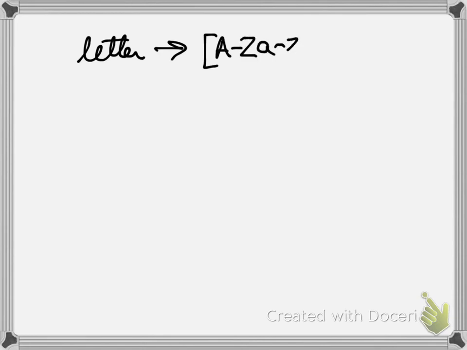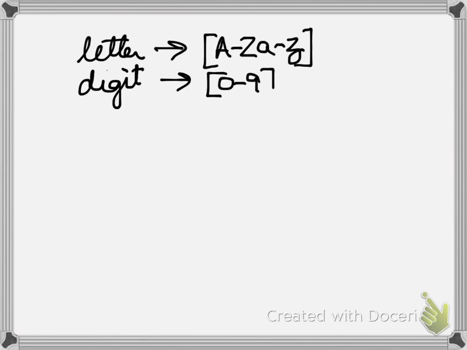So for identifier in C, we had used this letter. Instead of using the whole thing, we will just write A dash Z, small a dash small z. Digit will be our 0 to 9.